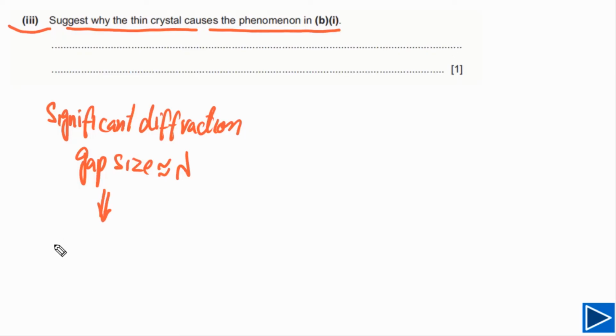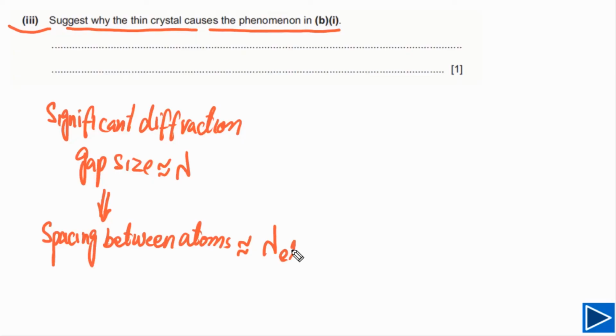In this case, gap size means the spacing between atoms, or you can say atomic spacing. If that spacing is approximately equal to the wavelength of the electron, then electron diffraction is possible.